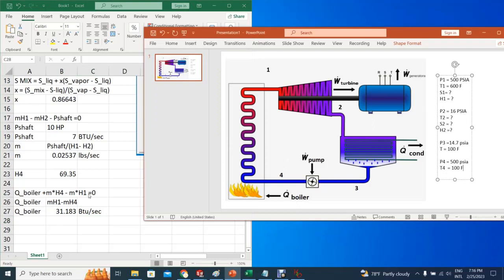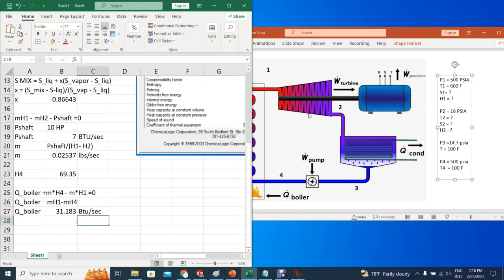But at this point, the only thing that I'm interested in is the efficiency of this Rankine cycle for my kind of home design Rankine cycle. So what would be the efficiency? In this case, the efficiency, I'm putting an N, but it's more like an eta. Let's write then efficiency for my system. It's going to be the amount of power that I'm producing, which is just 7 BTU per second.